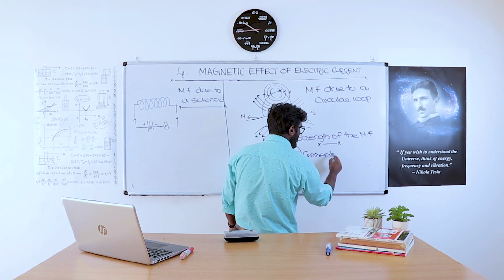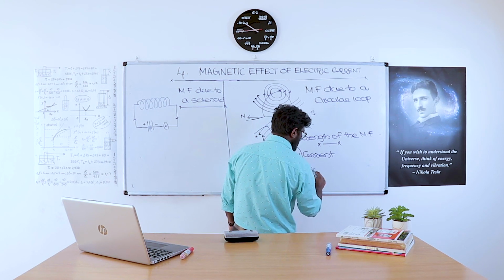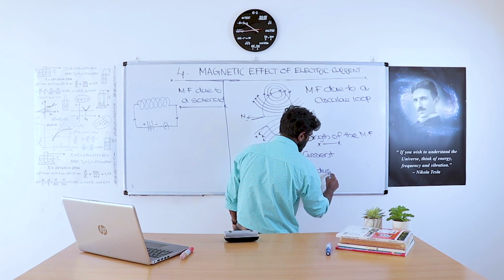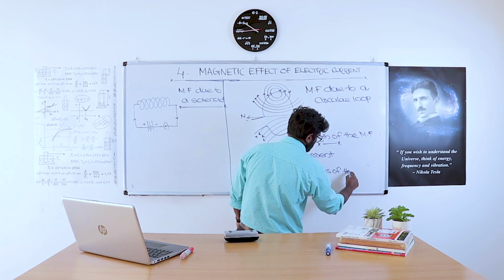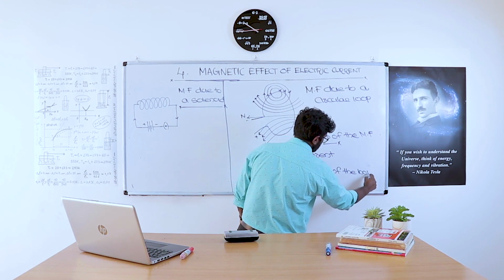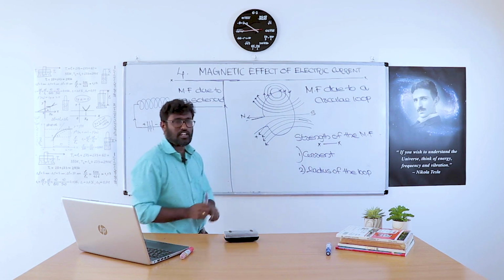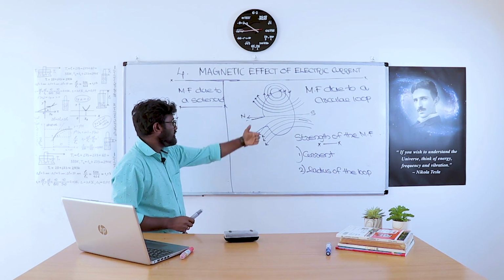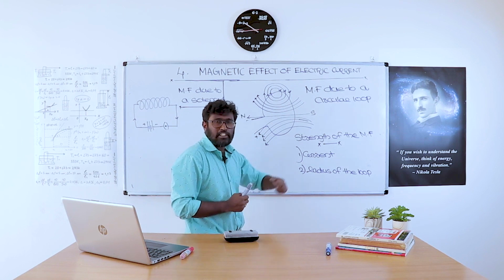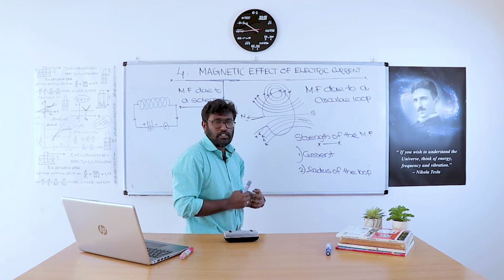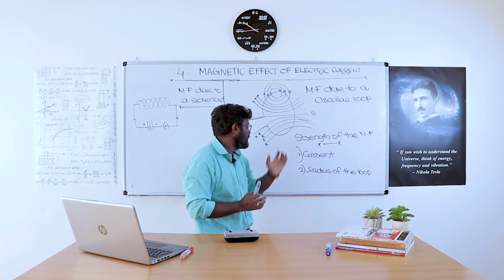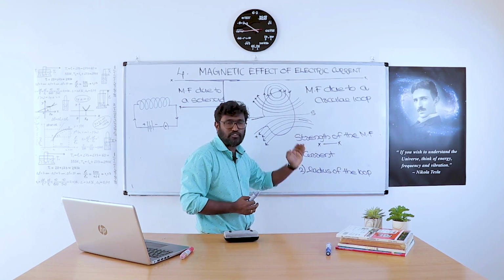The first one is current and the second one is the radius of the loop.